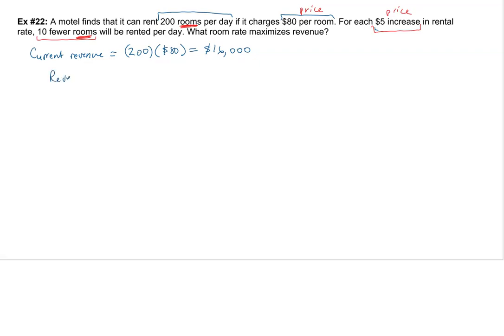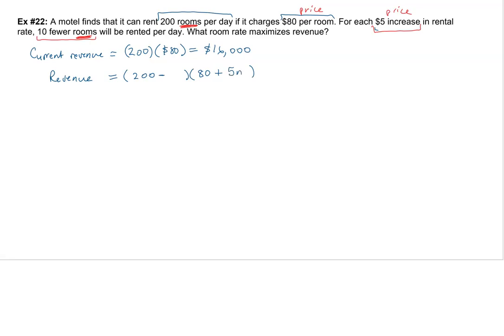So our new revenue function, let's see, it's a little bit backwards. We were given the price increase first. So the rooms are going to go down. So I'm going to subtract off something from the rooms as I increase the price. So notice I'm subtracting off for getting a fewer number of rooms, adding on a price. So the price is going up by $5 in lumps of $5.